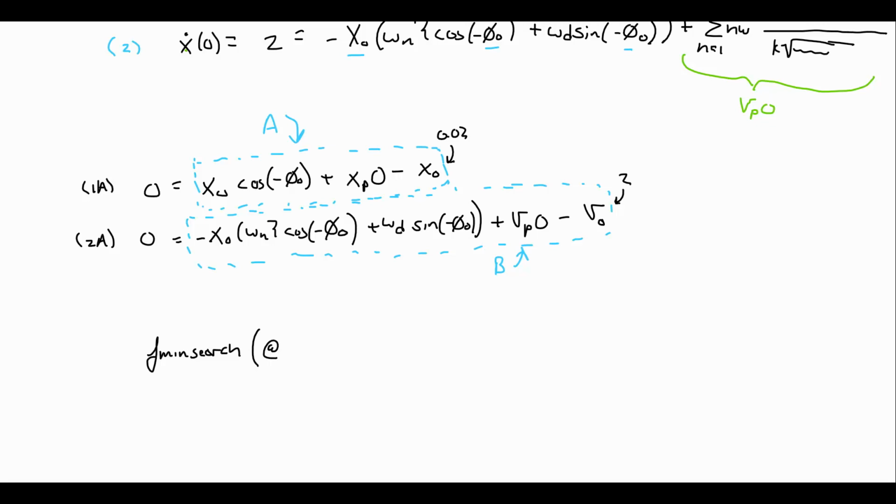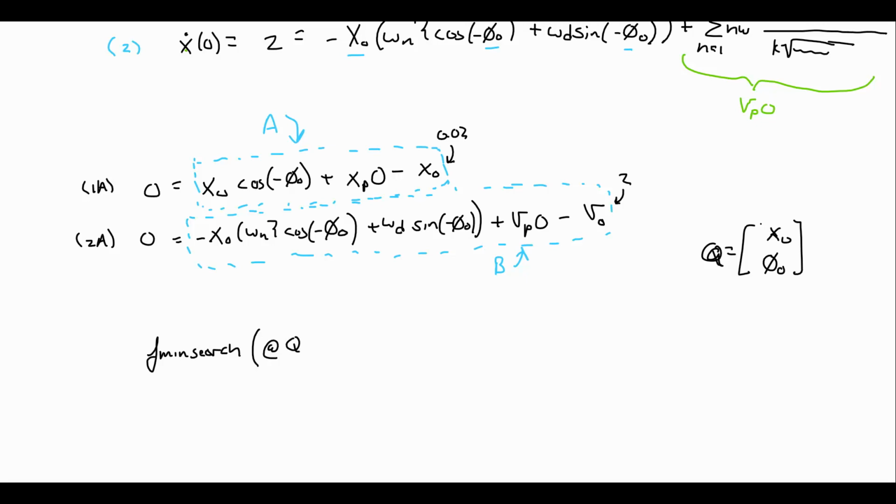Let me just call it q. Q is going to be x naught and phi naught, so we can see what it's going to be doing in the code. Everywhere I have an x naught is going to be q of 1, and everywhere I have a phi naught is going to be q of 2. But that's just the way fminsearch is going to be working.